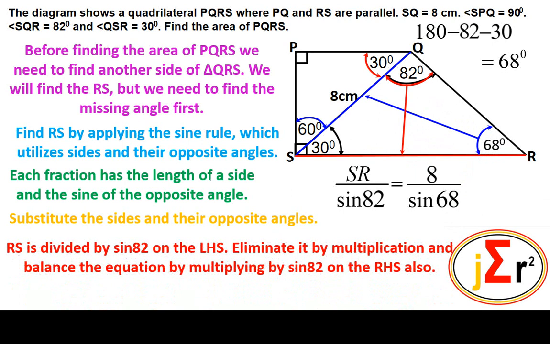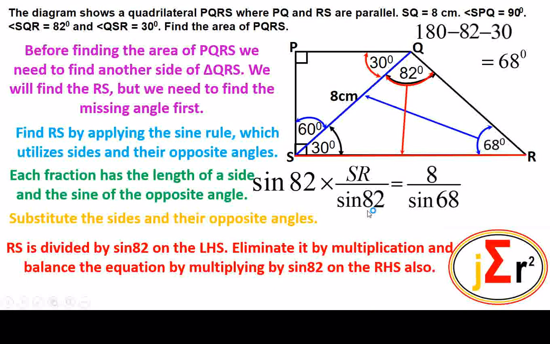RS is divided by sine 82 on the left-hand side. So in order to find RS, which we have here as SR, but it doesn't matter, we need to eliminate this sine 82 that we are dividing by. In order to eliminate this sine 82 that we are dividing by, we need to multiply by sine of 82 on that left-hand side. Multiply by sine of 82, that we will have that eliminated.